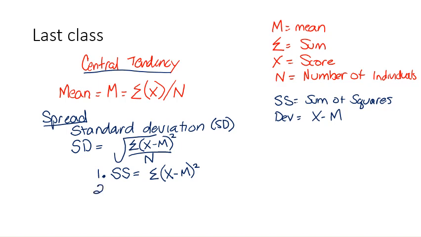The second thing we'll always be doing when solving these problems is to solve for the variance. And the variance is just equal to the sum of squares divided by n. We've already defined n, and we've already defined sum of squares.